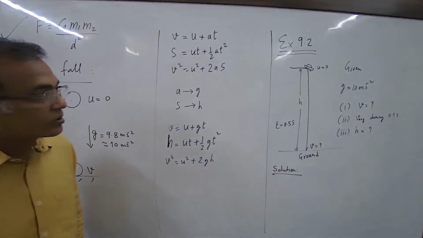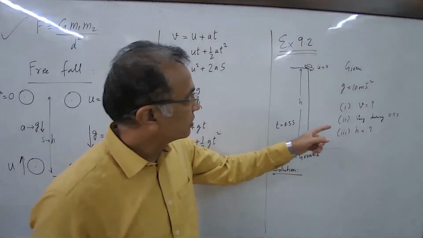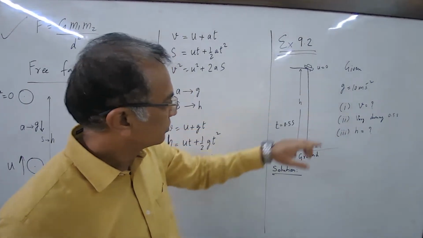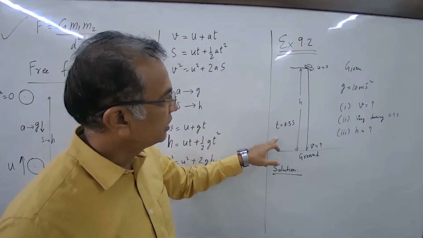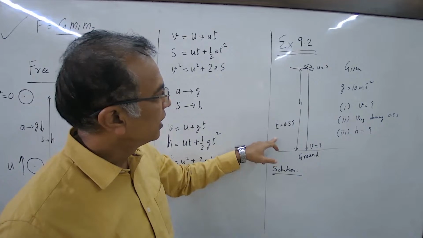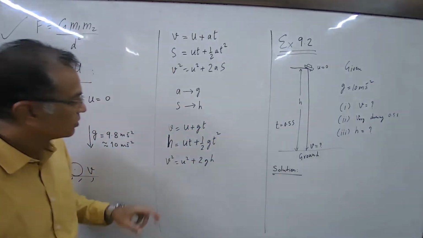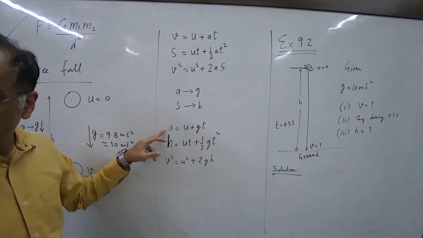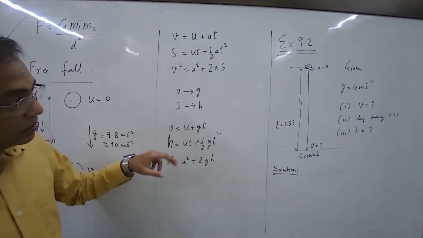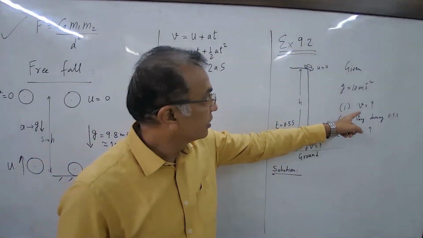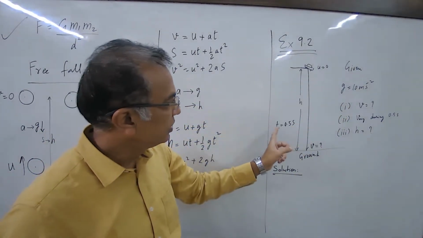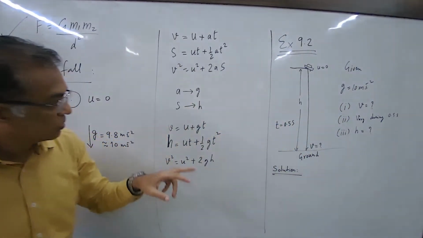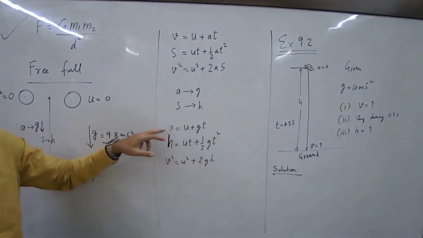Okay, so what is given? u, t, and g. So you have u, t, g. So you can find v using first equation, right? What do you have to find? v, and u, t and g you know. So which relation relates all these 3?